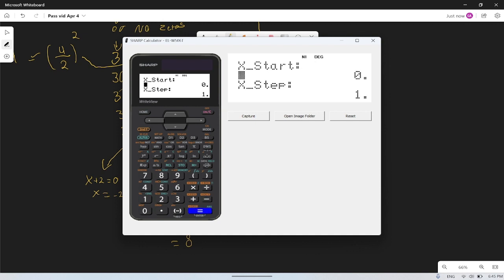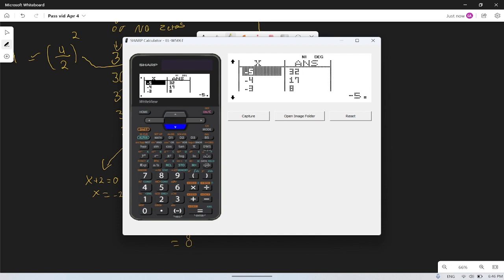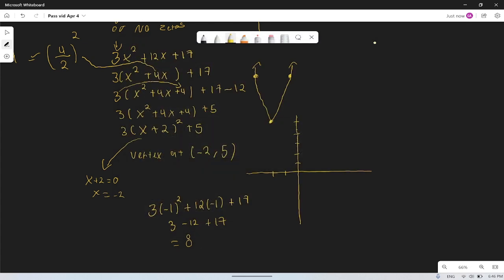And we say equals, we don't want another function. And you can see at negative 2, 5. And as I calculated at negative 1, we have 8. Then at negative 3, you'd also have 8 because these quadratics are symmetric, and negative 2 is the vertex. So this is just a way you can check your answers if you want to, or get a couple points for your graph. But you can't completely rely on this. You still have to show your work.